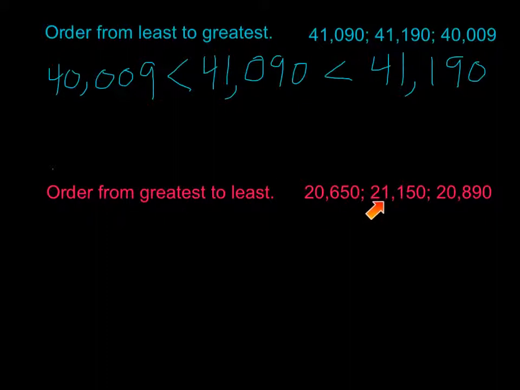So since 1,000 is more than 0 in our thousands place, we know that 21,150 is going to be in our first section. So I'm going to go ahead and write this over here. 21,150.